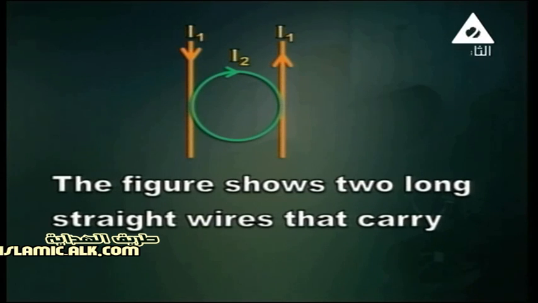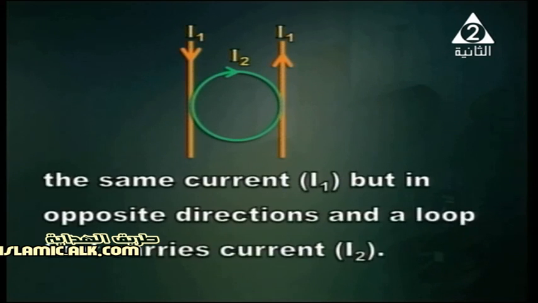The figure shows two long straight wires that carry currents of the same intensity, denoted by I1, but in opposite directions, and a loop that carries a current I2. And they are placed in one plane, as shown in front of you.